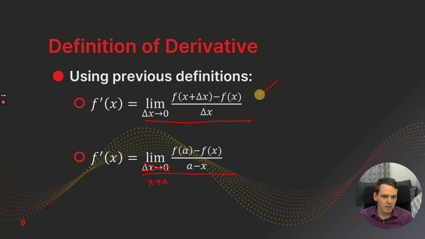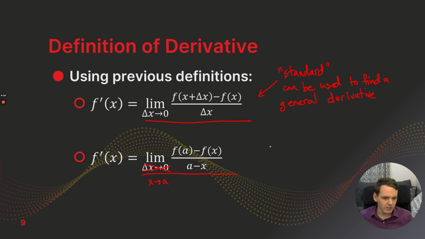definitions of derivatives. The top one is our standard form, and it can be used to find a general derivative. I'll talk about the general and specific derivatives in a minute.